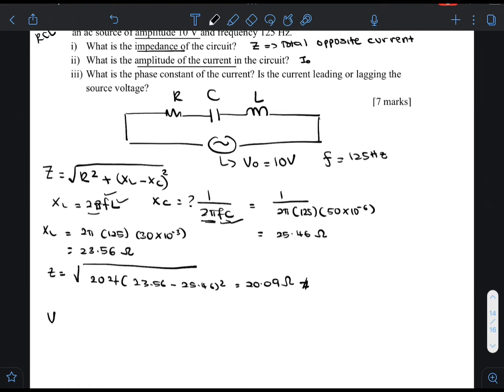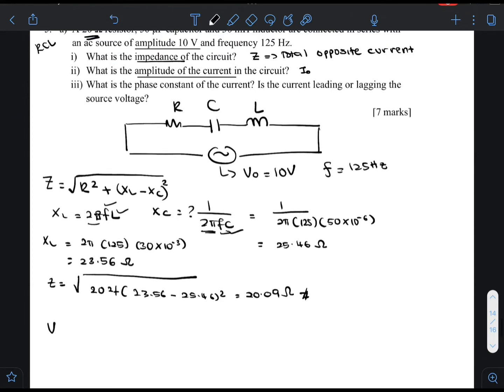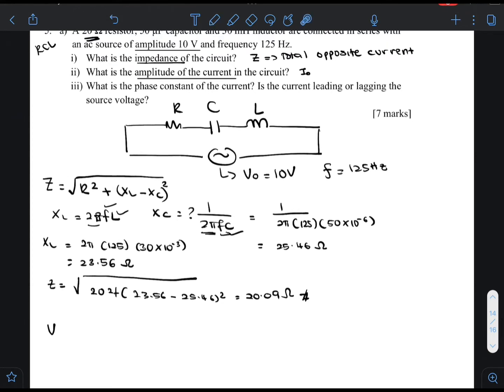Tetapi V is equals to IR can only be used when you have only resistor in the circuit to oppose the current. However, circuit kita ini adalah kombinasi, hasil kombinasi R, C dan juga L. Therefore, all these three components are going to lead to the opposition of current. Okay, oleh sebab itu, the equation here is going to become V is equals to IZ.